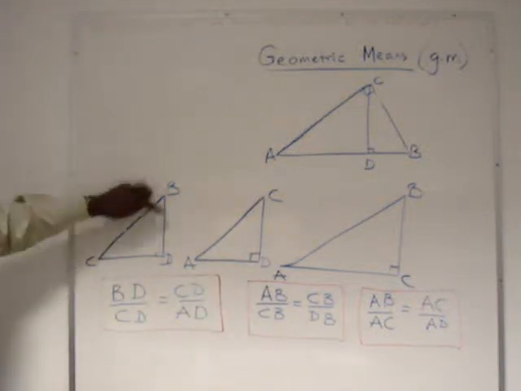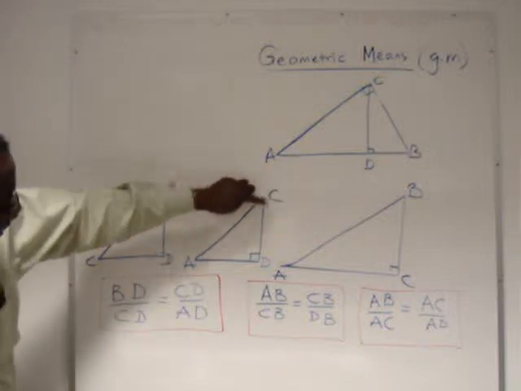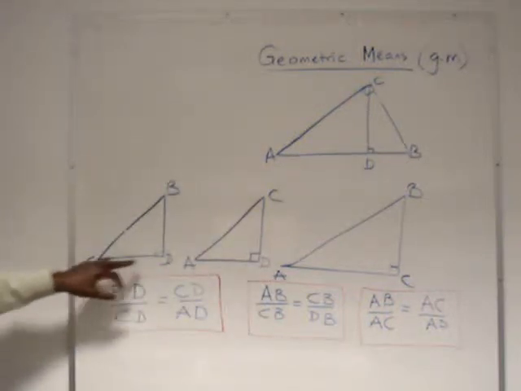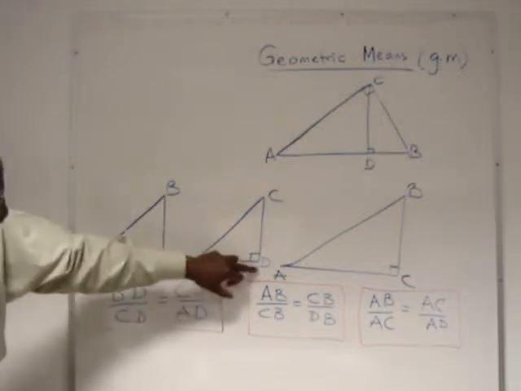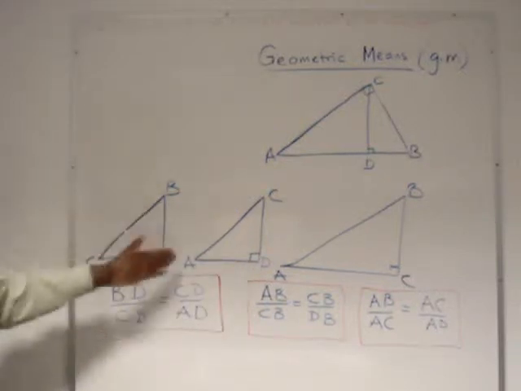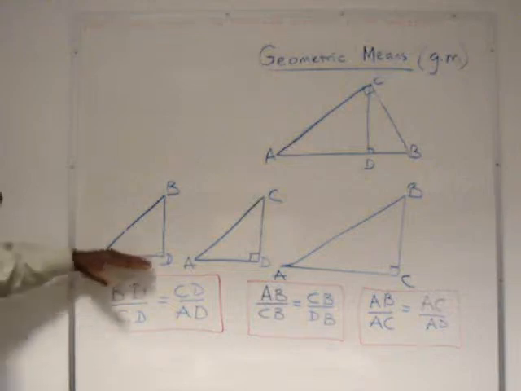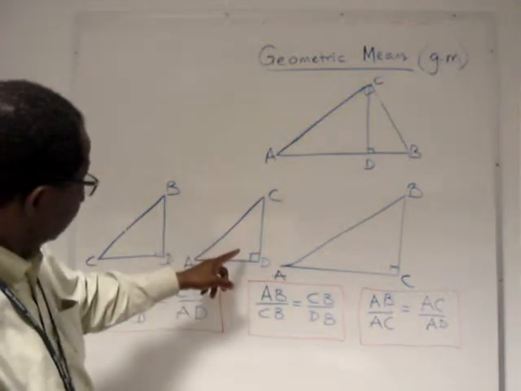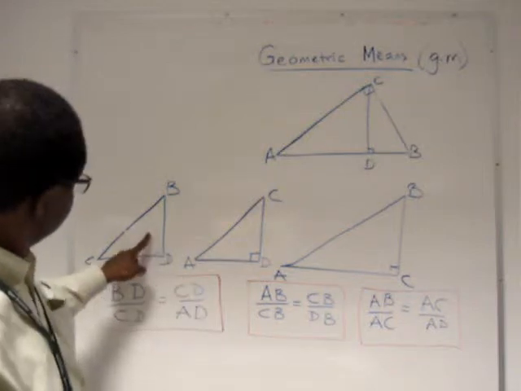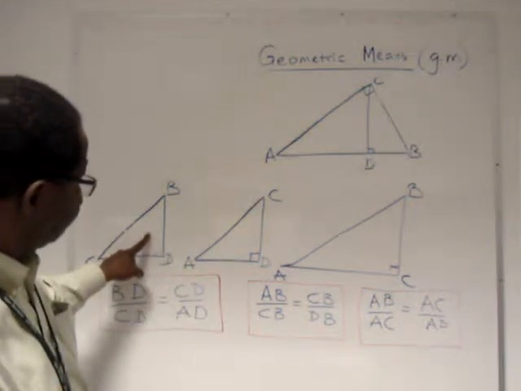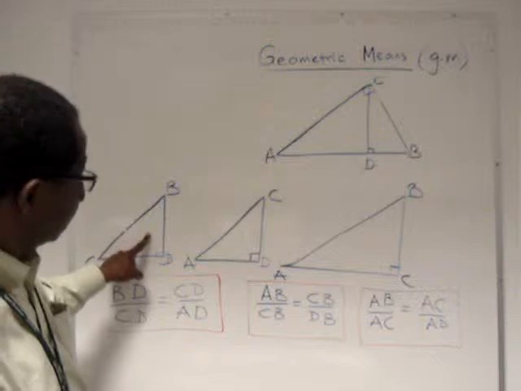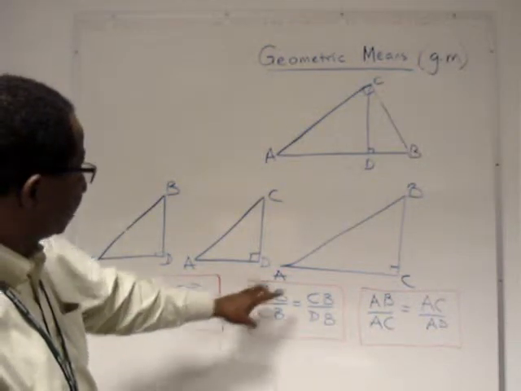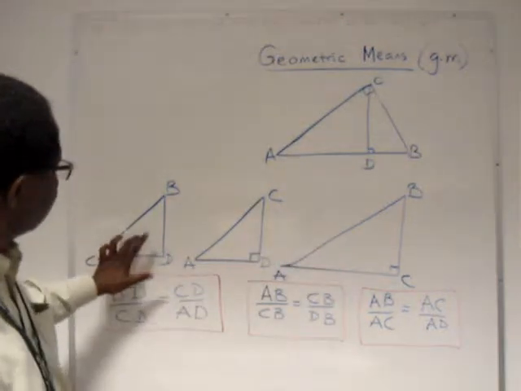But again, it's BD over CD is equal to CD over AD. Okay, we're taking vertical, and then we're taking horizontal. Then we come to between this one and this one, okay?